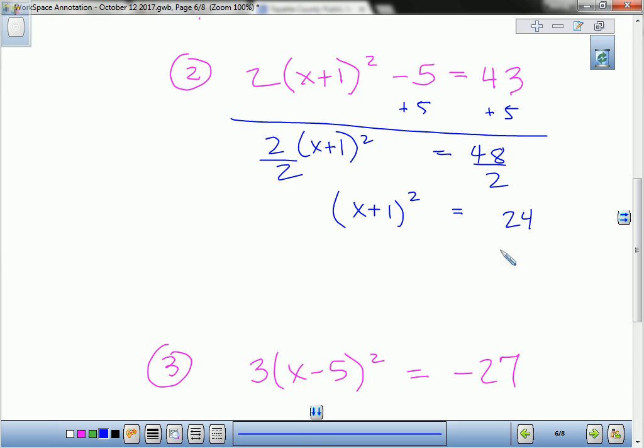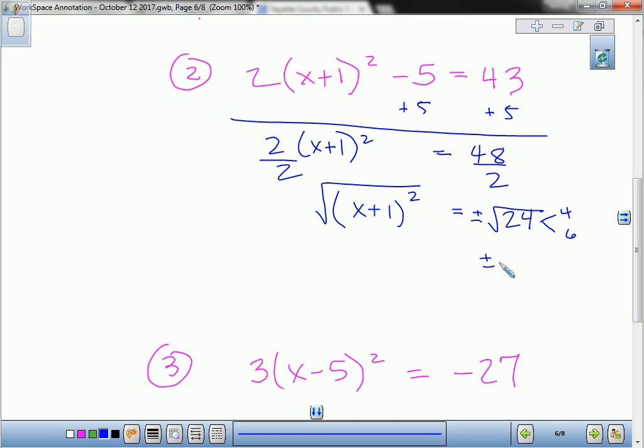So now I'm to the point where I take the root. It is a square, so I take a square root. When I do, I get plus or minus. Now 24 is not a perfect square, but it will simplify. What perfect square is a factor of 24? 4. It breaks up into 4 times 6.